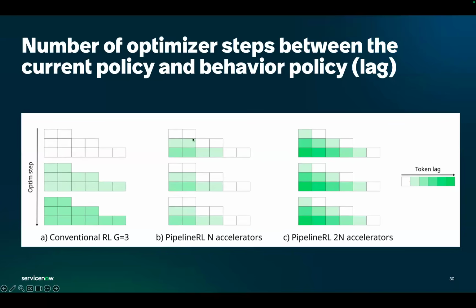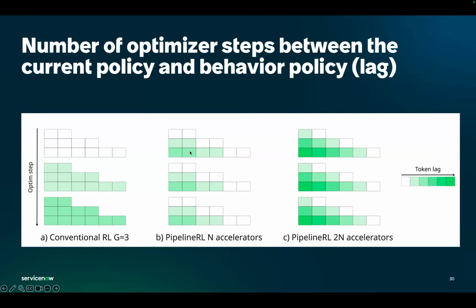It's much more interesting in PipelineRL. Every sequence consists of tokens with different values of lag. The latest tokens, generated recently at the end of each sequence, have lag 0, and tokens closer to the beginning of each sequence have a higher value of lag.